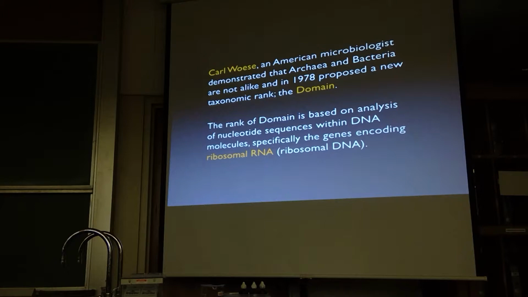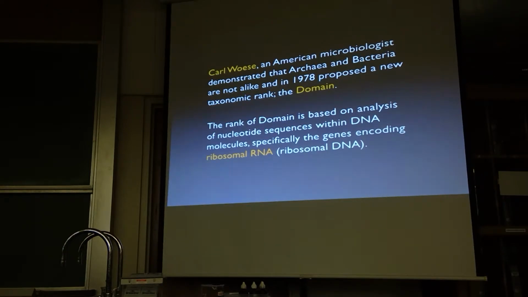Why ribosomal RNA? Because ribosomes are absolutely essential for living organisms. Ribosomes are the site of what? Protein synthesis. Without protein, cells don't function, because enzymes are proteins. And for that matter, RNA, ribozymes, are sometimes involved in function too. So ribosomal RNA was recognized as being a very specific feature to consider.